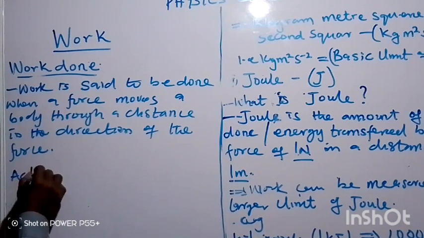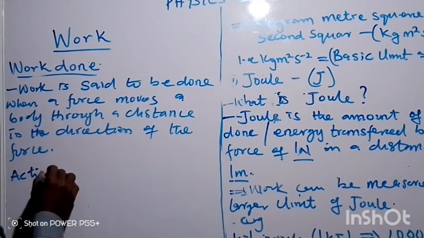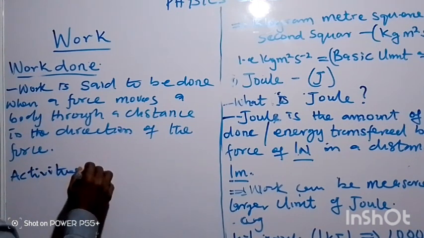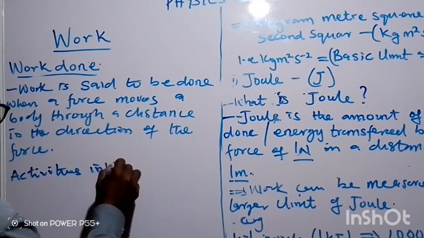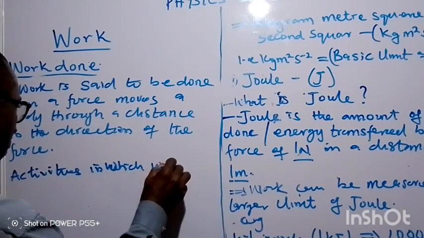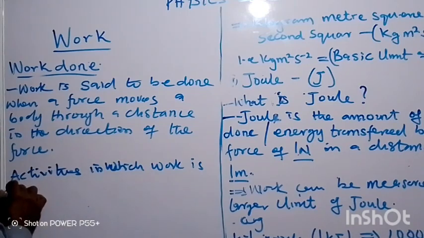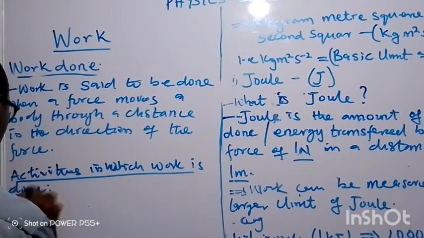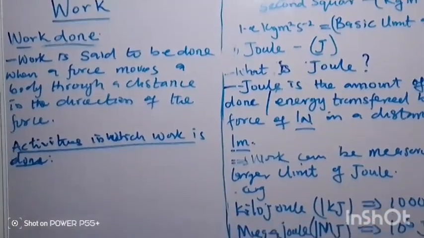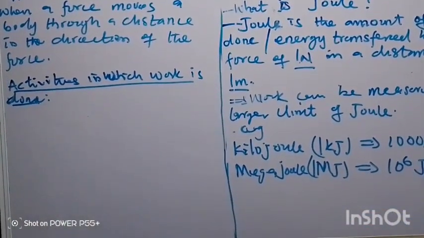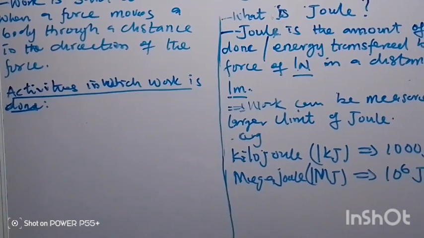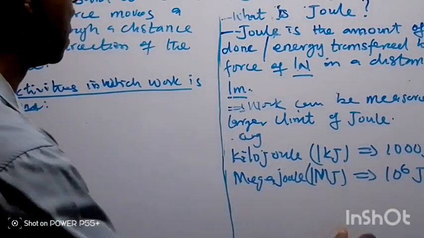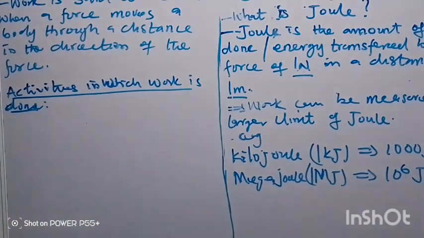Activities in which work is done. Don't forget, when work must be done, force must be applied to the body and move a displacement, and the displacement must be in the direction of the force.